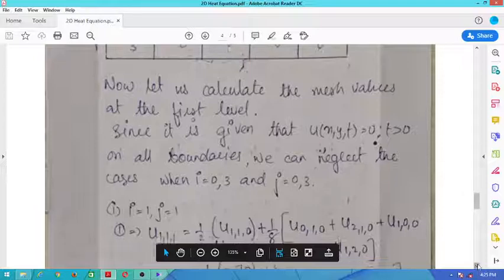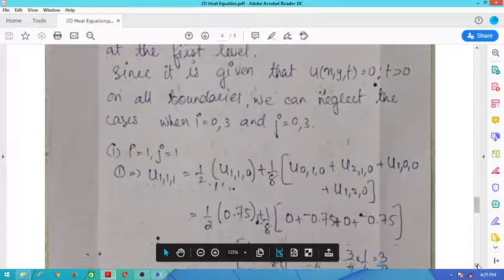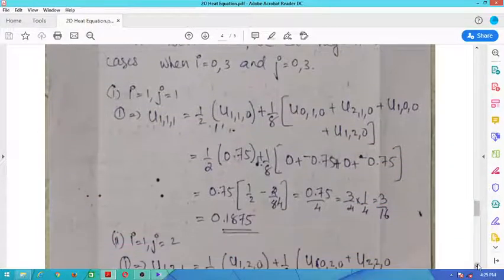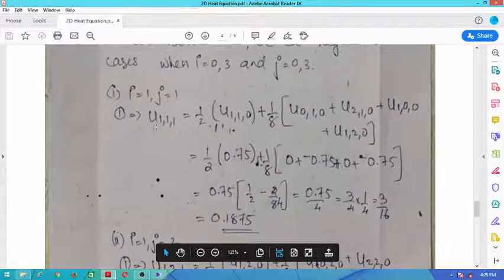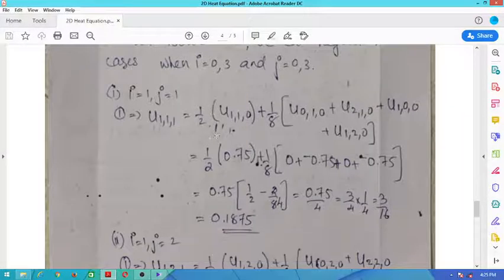We consider each case. First case is when i equal to 1 and j equal to 1. Then the equation 1 reduces to u111 equal to half times u110 plus 1 by 8 times u010 plus u210 plus u100 plus u120.